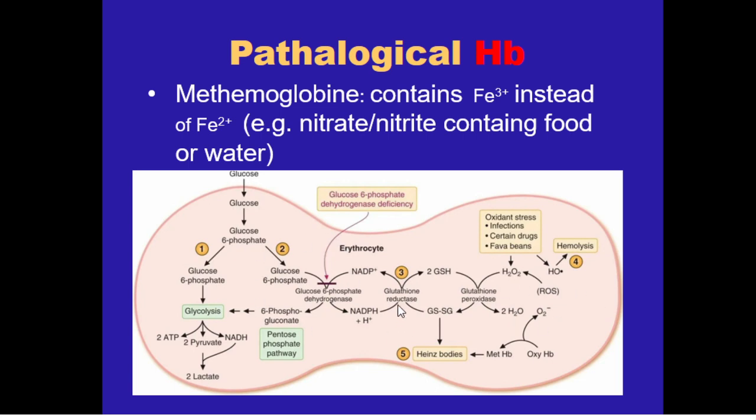But here you can see that deficiency of glucose 6-phosphate dehydrogenase will also affect production of NADPH2, and the whole system will lead to the accumulation of superoxide radicals and hydrogen peroxide and hemolysis. I remind you, we talked about this, the deficiency of glucose 6-phosphate dehydrogenase leads to hemolytic anemia.